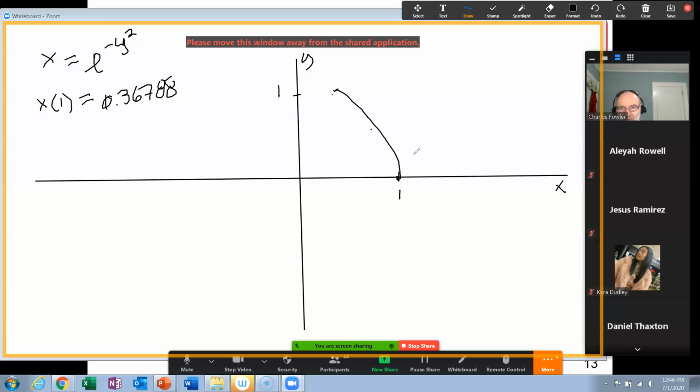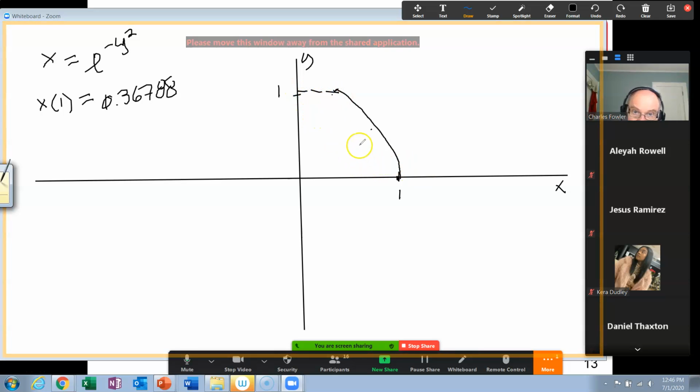Now, we're going only as far as y equals 0 to 1, so this is the only region. And we're revolving this about the x-axis. So this shape between there and there is revolving around the x-axis.